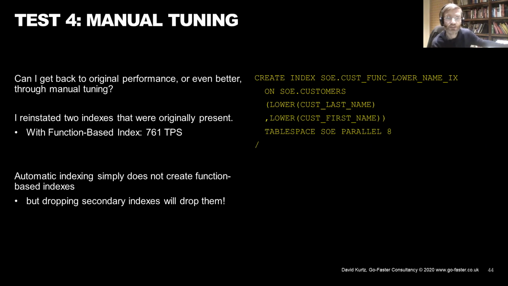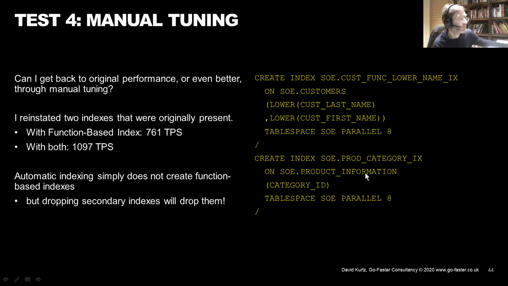That got me a long way. That got me back to 761 TPS, so that's about three quarters of where I should have been in the first place. What I take away from that is to take special care when dropping your function-based indexes.